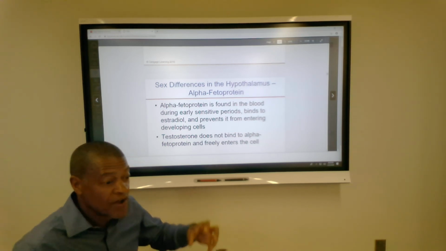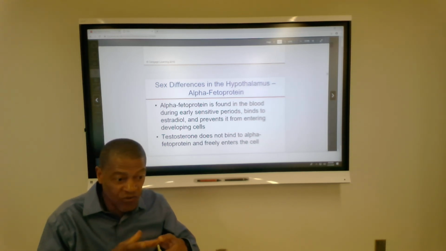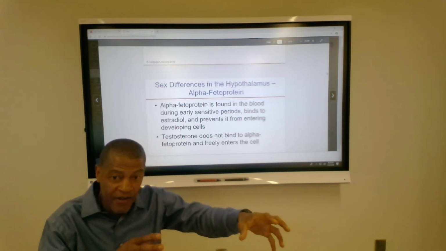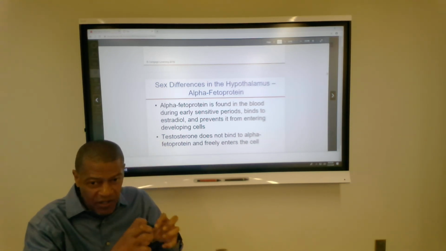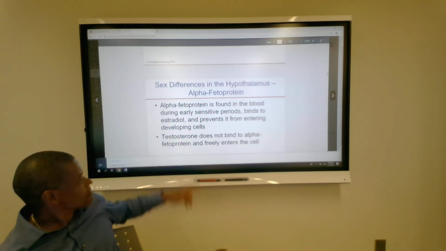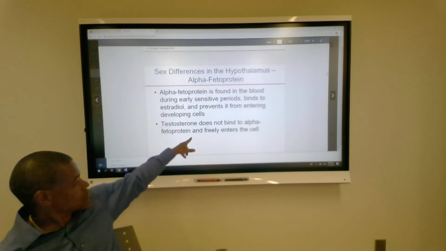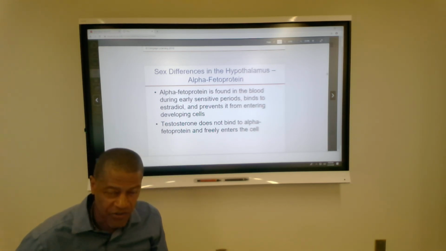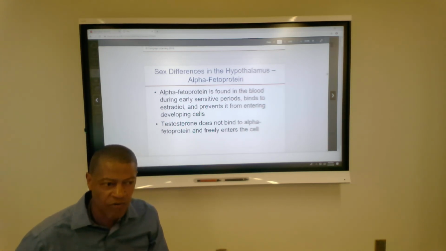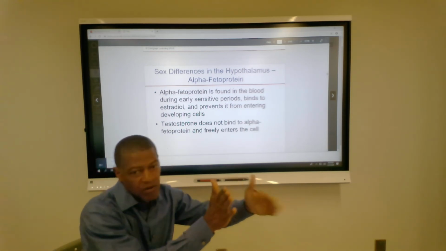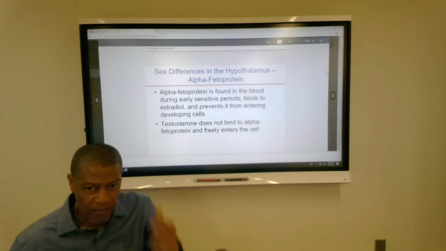So this is where there's a distinction for why levels of testosterone won't then make a female or male, because it depends upon this protein binding the estradiol. Testosterone does not bind to alpha-fetoprotein, so it freely enters the cell. So those changes as a result of chemicals are causing the organs to go to being a female or going to be a male. Just thinking about that.